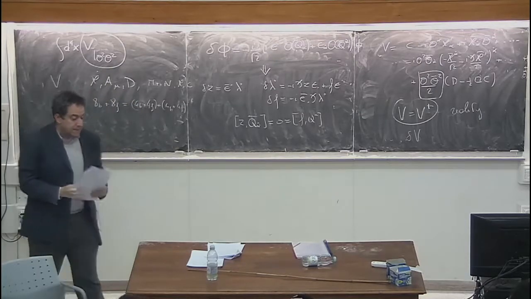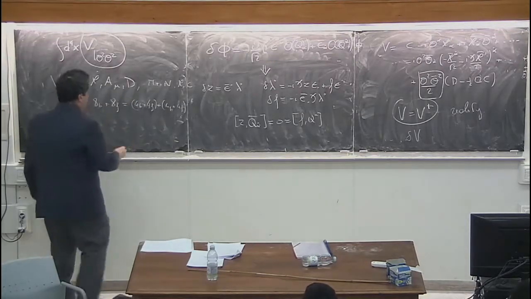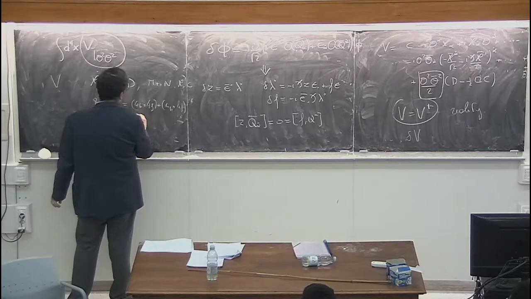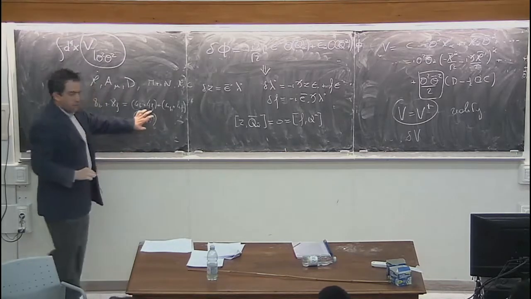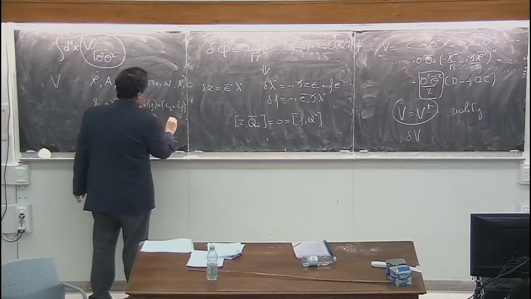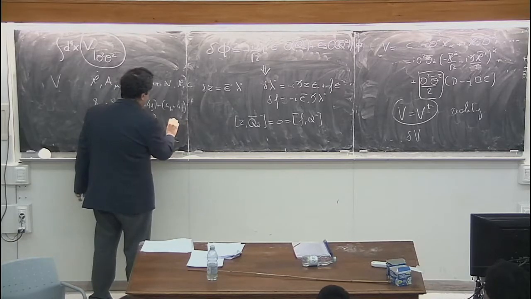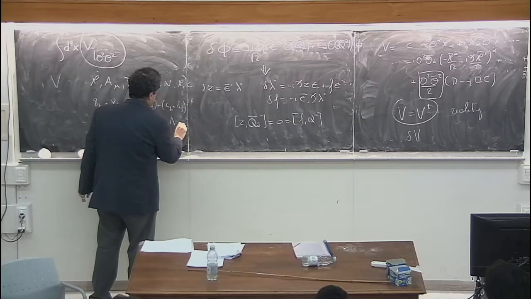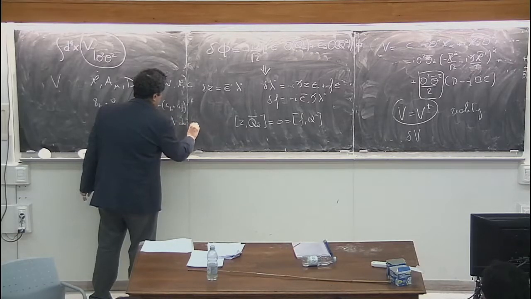This has the degrees of freedom of our vector multiplet, off-shell of course, and extra degrees of freedom, which are arranged in a chiral Wess-Zumino multiplet.